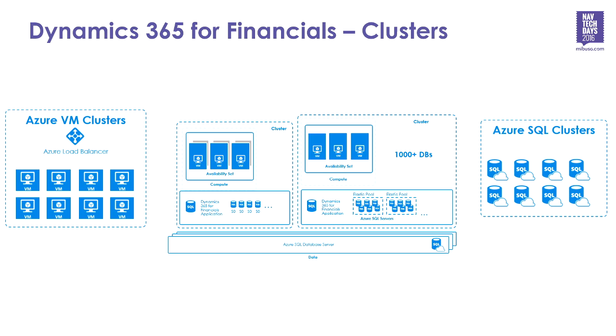Without you having to do anything, Azure automatically reassigns those DTUs, and thus ensures a consistently fast experience. So both our database clusters and our virtual machine clusters have scaling, have high availability, and have almost no resource wastage to ensure a good experience for our users.